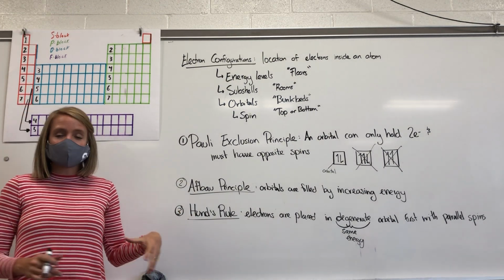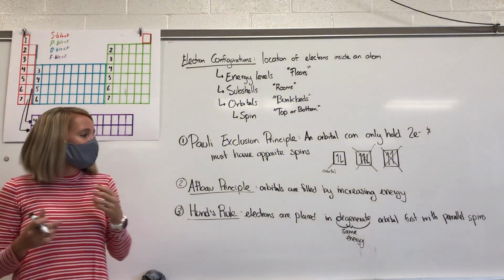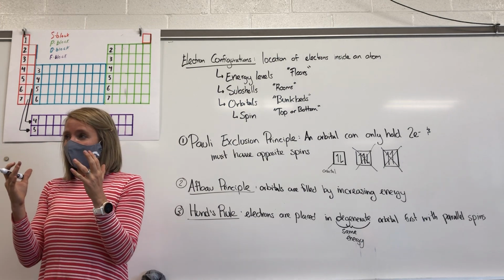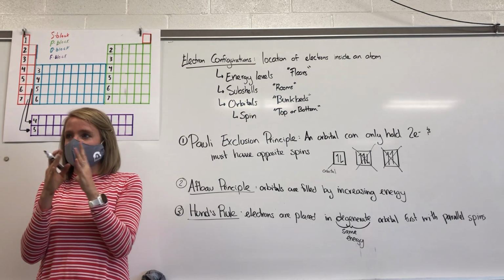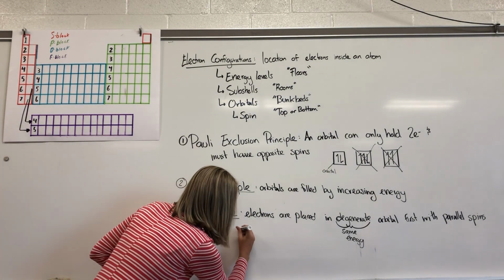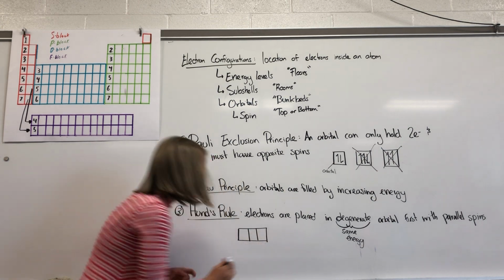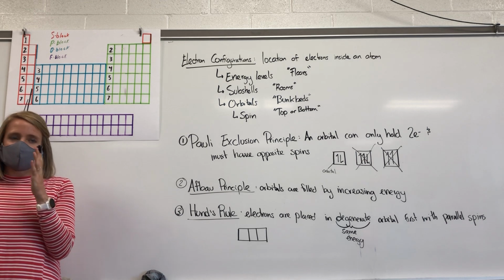Okay, so Hund's rule in terms of a visual would look something like this. Degenerate orbitals means that they have the same energy. When orbitals have the exact same energy, we connect the boxes together. So this would be an example of three orbitals with the same energy because they're all connected.